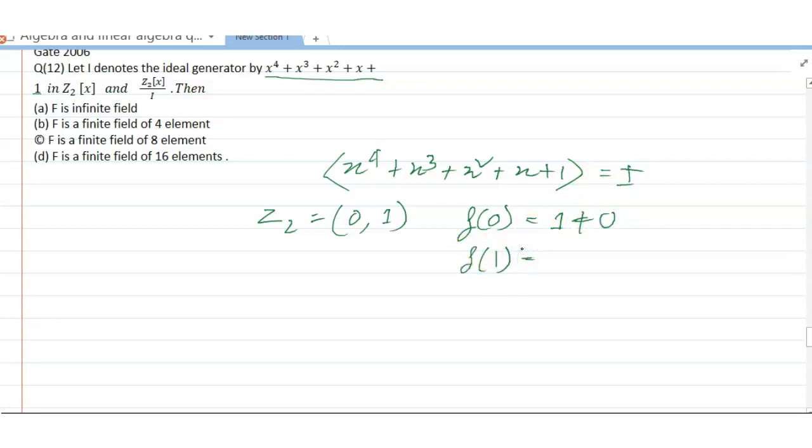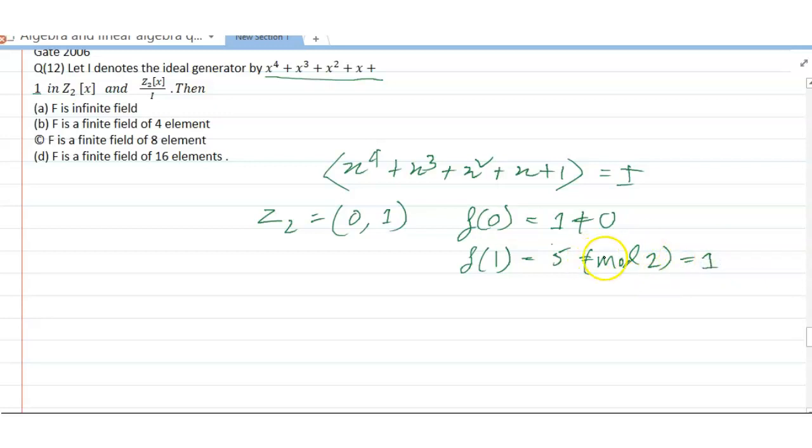f(1) equals 5, which mod 2 is equal to 1.